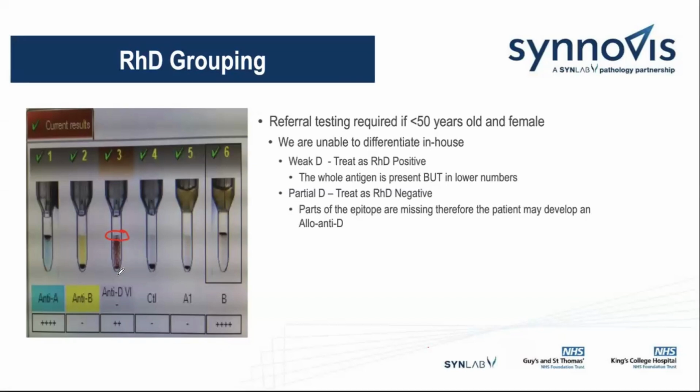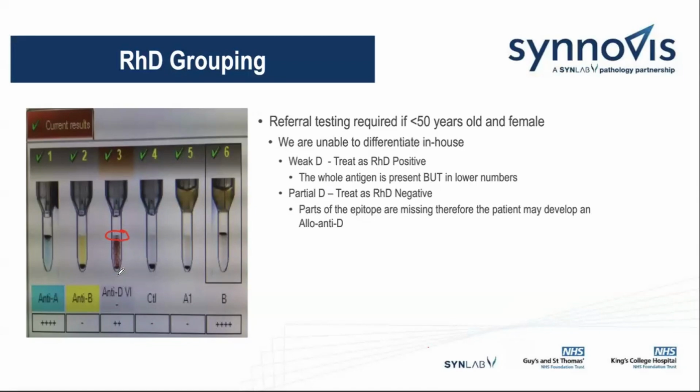Or if she is a variant D, where the D antigen is structurally altered, so parts of the antigen are missing and changed, therefore the patient may be able to create an allo anti-D. In this situation, we would treat her as RHD negative.